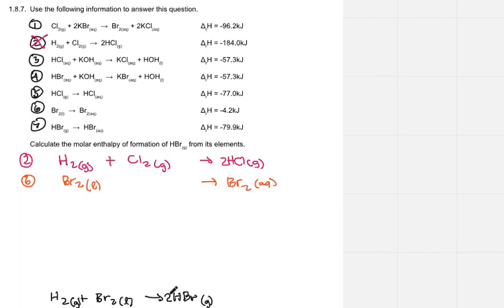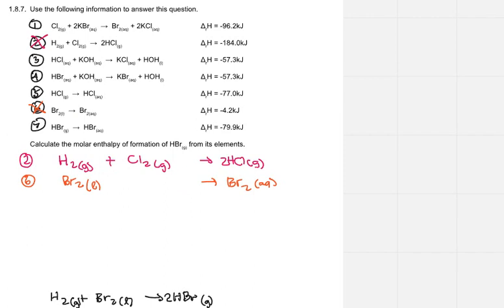Next we need 2 HBr as gas, and we need them on the right. Sorry, forgot my thing. We used reaction 6, don't want to touch that again. Okay, we want HBr and we need it on the right, so no, no, no. Oh, that's aqueous, so that's not it. No, this is the only place we get hydrogen bromide gas. We need to flip this to get it to the right side, and we must double it to get 2 HBr.